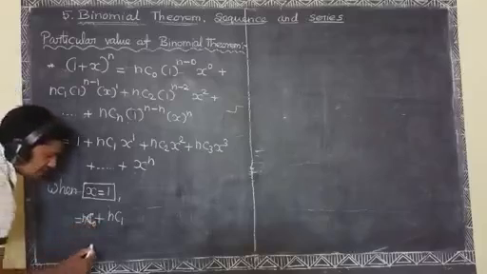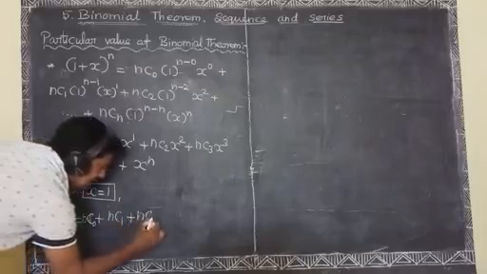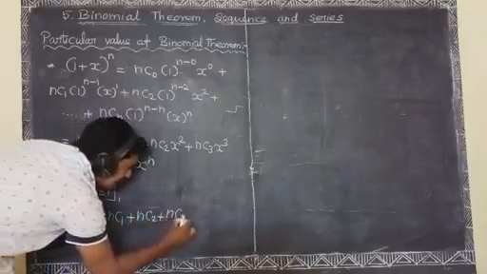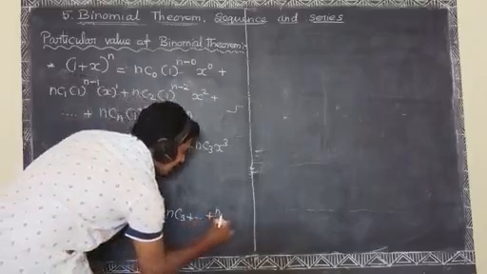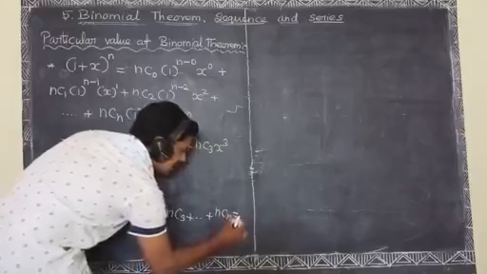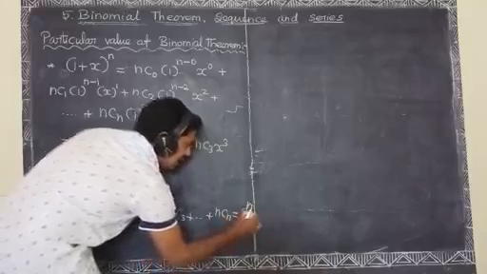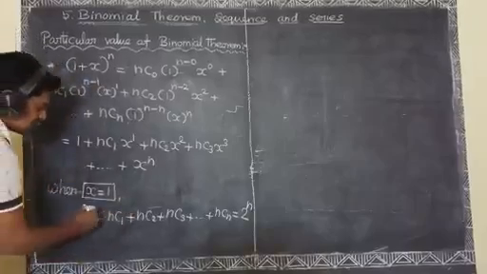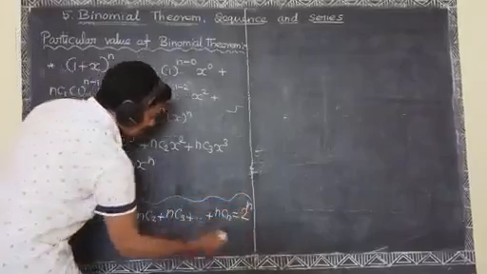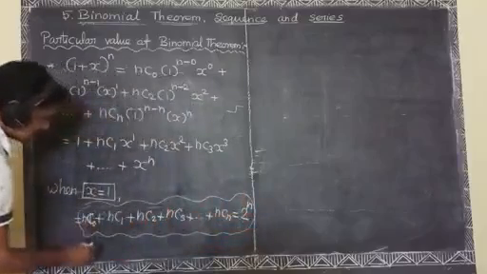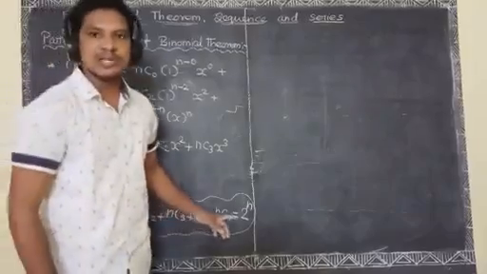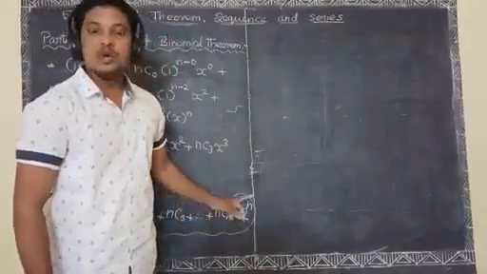So nc naught plus nc1 plus nc2 plus nc3 and so on plus the final term ncn is equal to 2 power n. This is the particular value: nc naught plus nc1 plus nc2 plus nc3 and so on plus ncn is equal to 2 power n.